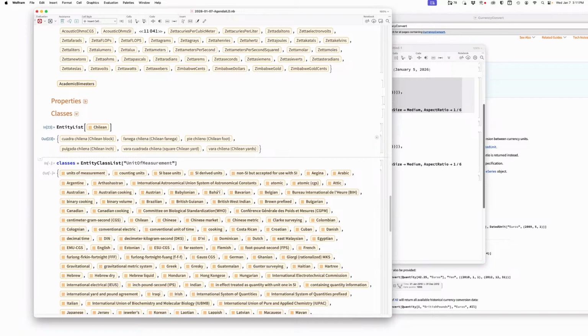I'm confused here. Up here this says zeta newtons with a capital Z and so on. Down here, the vara chilena is not written in that kind of form. Is there a reason for that? Yes, probably the entity names themselves should also be lowercase. Did you reevaluate that?